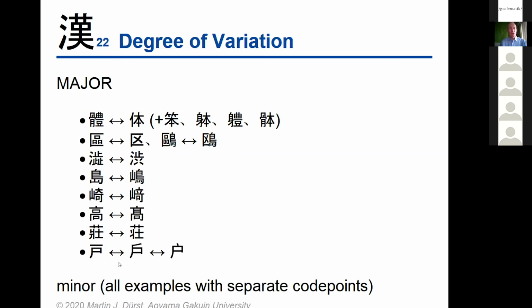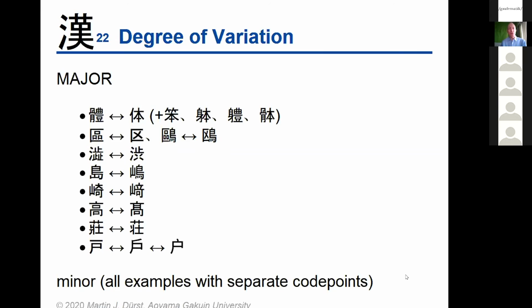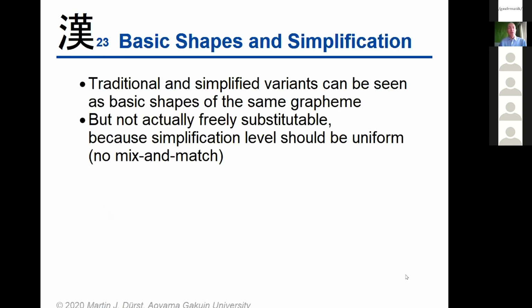At the bottom, you have really very minor things, just the question whether a line is attached or not, or whether it's straight or horizontal or vertical. And these are all examples with separate code points, so they're separately encoded.